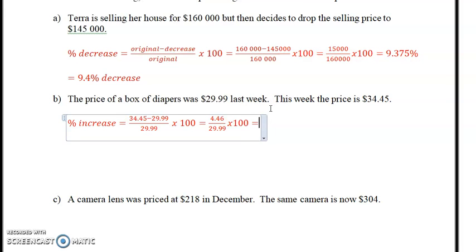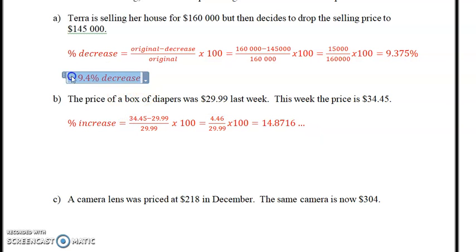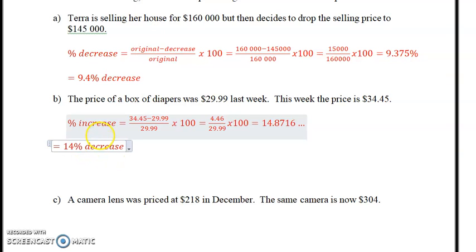And that's going to be 14.8716, and so on. Then you just say the percent increase equals, and if it doesn't say to round, a rule of thumb is just round to one place after the decimal. That'll be fine. So we get 14.9, a 14.9% increase.